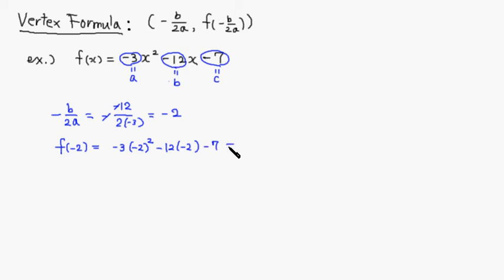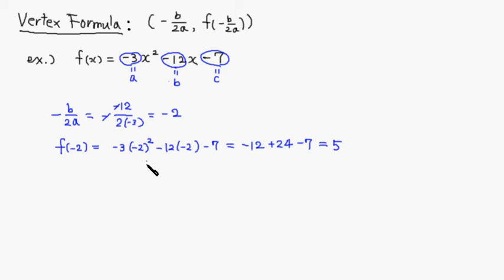That comes out to be negative 3 times 4, so it's negative 12, negative 12 times negative 2, so plus 24, then you have to subtract 7. Negative 12 plus 24 is positive 12, minus 7 is going to be 5, so you have 5.